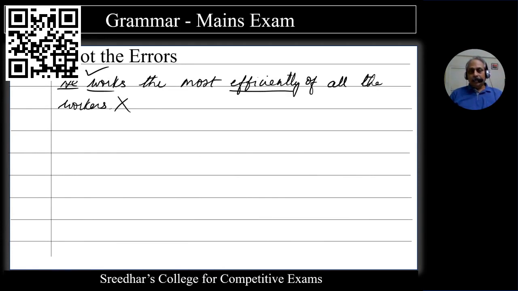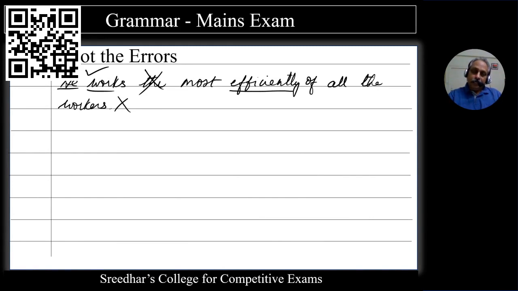But when it comes to the superlative form of an adverb, we should not use a definite article the. That is a rule. A lot of people don't know this rule. So they think the most efficiently, the sentence is correct, but the sentence is wrong. Why is it wrong? We should not use the. He works most efficiently of all the workers, of all the employees.